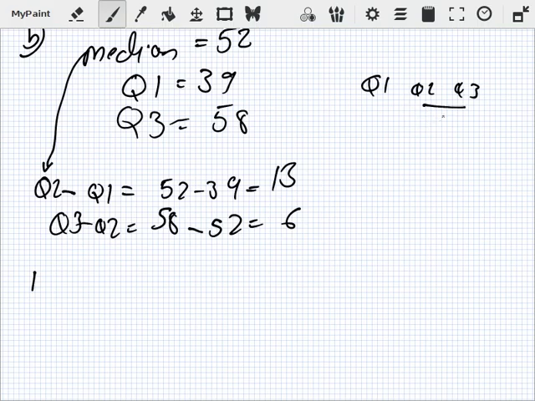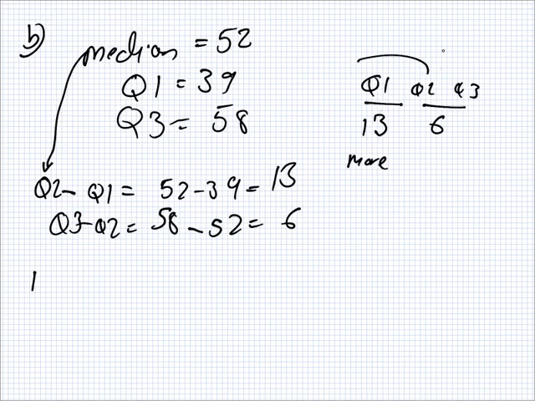Q2 to Q3 is 6 units, and then Q1 to Q2 is 13 units. So in other words, there's more near the median to the left. There can't be more to the left of the median because the median by definition is 50-50. But near the median, there's more to the left. From quartile 1 to the median is bigger than the median to the upper quartile.